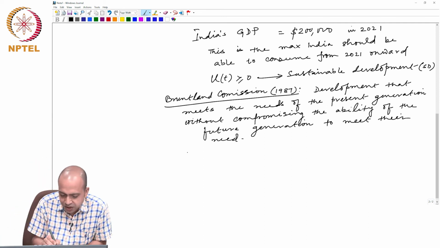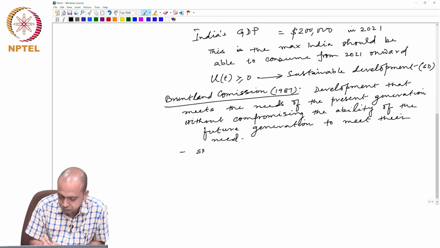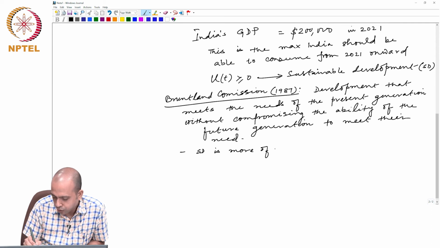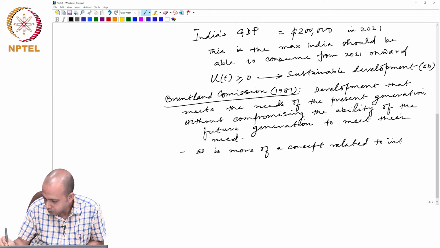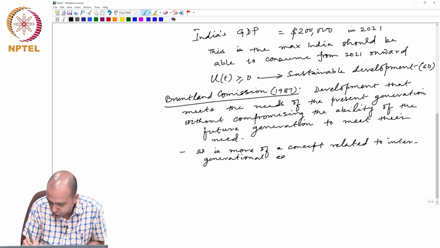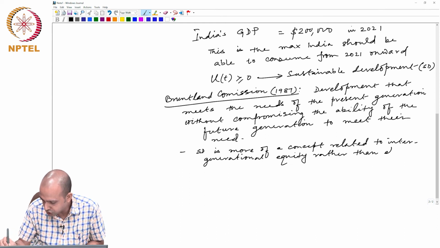So, one thing is very clear from this, that this particular definition of SD is more of a concept related to intergenerational equity rather than efficiency.